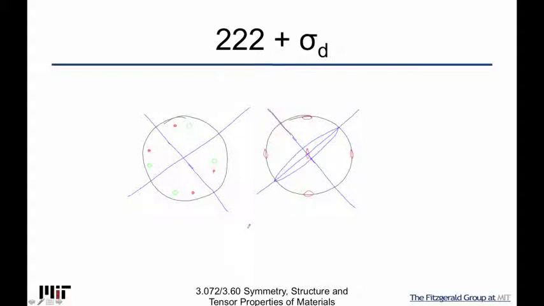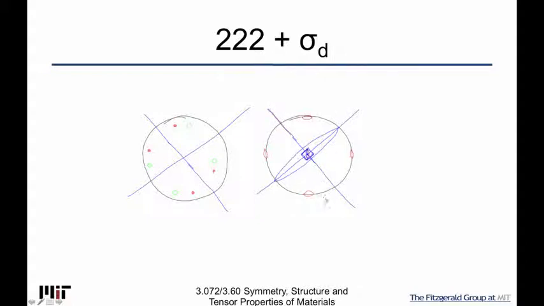So what that means is that not only do I get these mirror planes, but it transforms this into a roto-inversion axis. So we have the roto-inversion symbol in the middle, and we have mirror planes running along here and here.